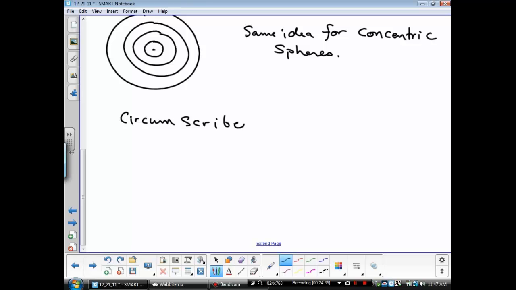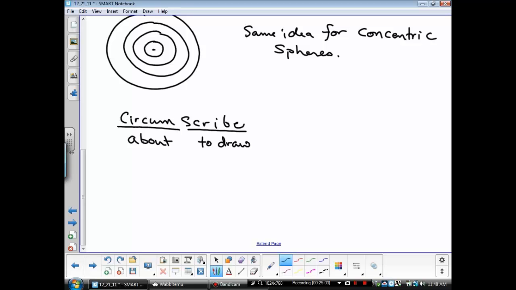This is made up of two words. The word circum means about or around. The word scribe means to draw. So what do you think the word circumscribe means? To draw around, or to draw something about something else, right?